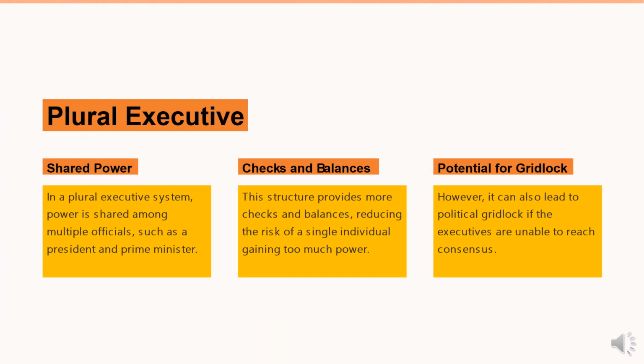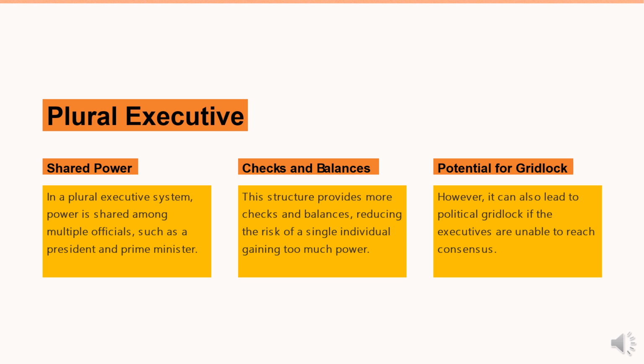The other type of executive, plural executive. Shared power, checks and balances, potential for gridlock. In a plural executive system, power is shared among multiple officials such as a president and prime minister and council of ministers.